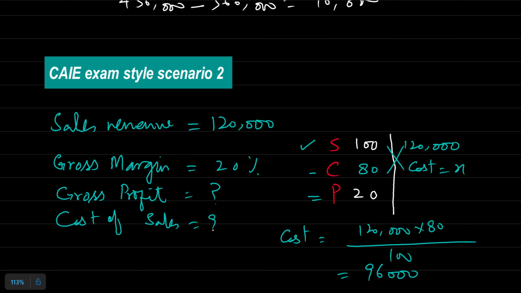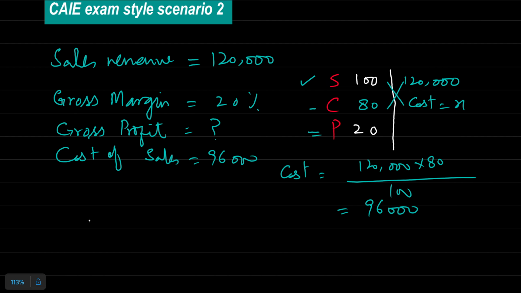So cost of sales is equal to 96,000. Now again, sales minus cost is equal to profit. Sales are given as 120,000, cost is 96,000, and we can calculate the profit. That will be 24,000.